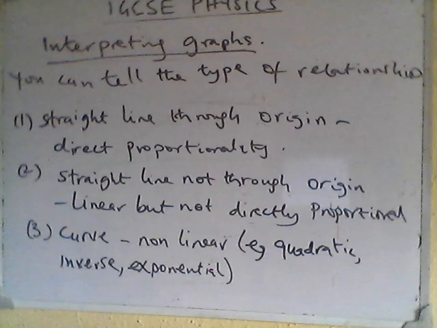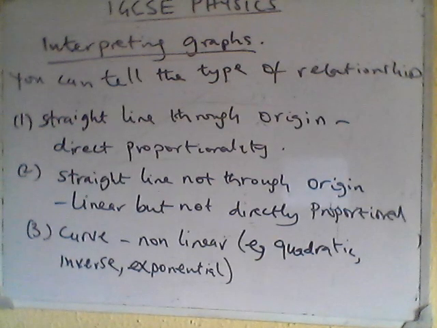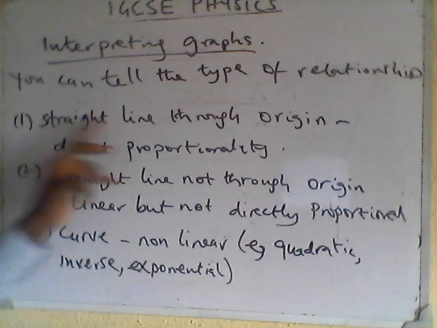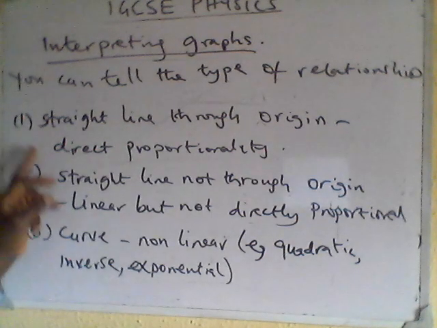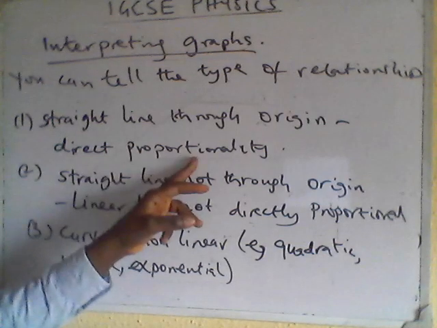Okay, so we're going to be interpreting graphs. You look at a graph and you can tell what type of relationship it shows. If you see a straight line passing through the origin, this kind of graph is known as direct proportionality.